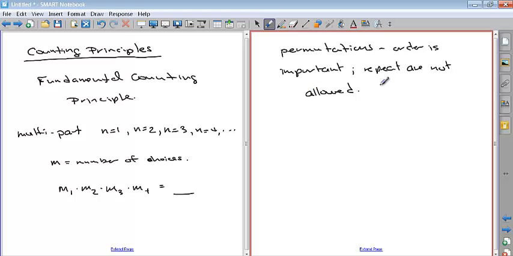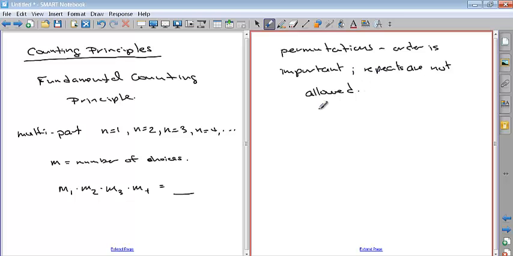So if you pick a person for a position or for a place, they can't win, say, first and second place. They can't be both president and secretary. So that's what repeats are not allowed means. The cases of that are races, officers, and anything where order is important to the final answer.